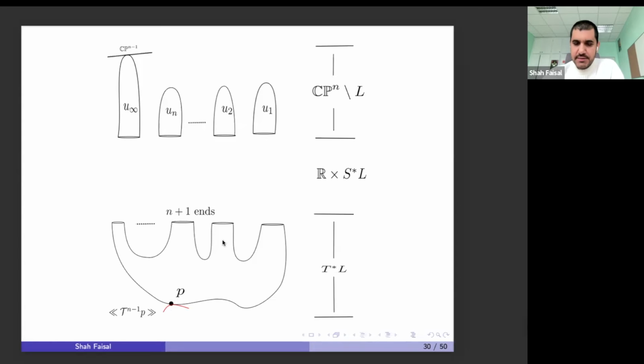And corresponding to this, there are n+1 holomorphic planes asymptotic to orbits on the boundary of the Weinstein neighborhood, which is the unit disk bundle. And all these planes are somewhere injective and they are rigid. And this one is also somewhere injective.